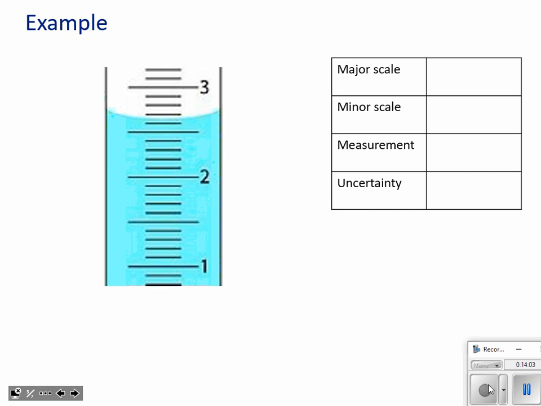So as I look at this, Mia, what is my major scale for this instrument? 1, what's my label going to be? You're right. 1 milliliter. So that means, Lauren, what is my minor scale going to be?